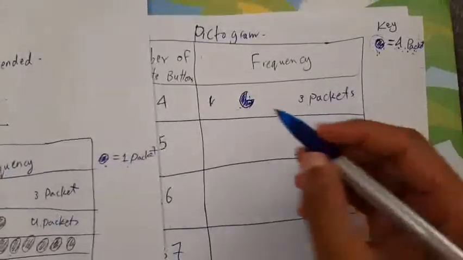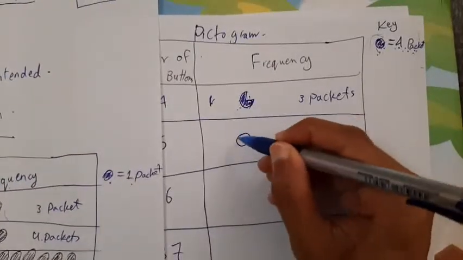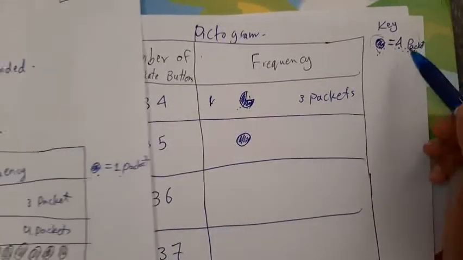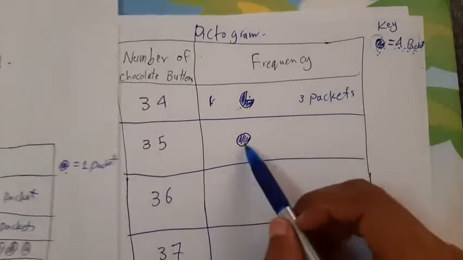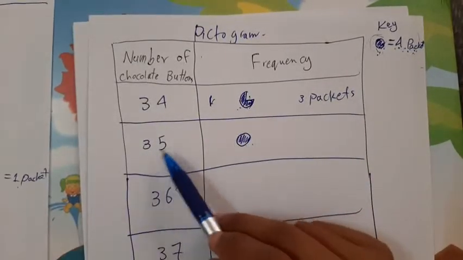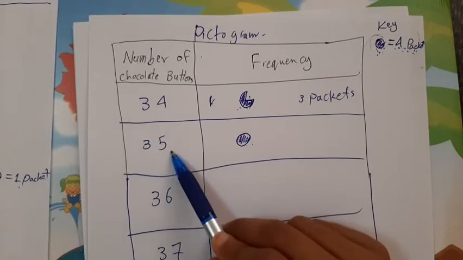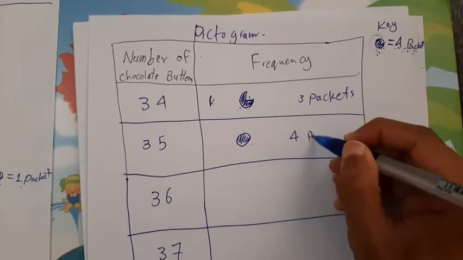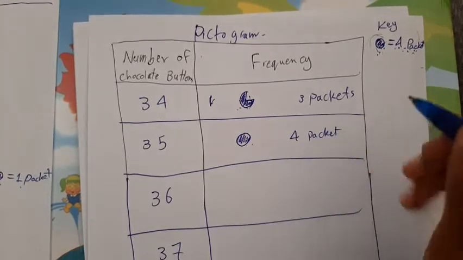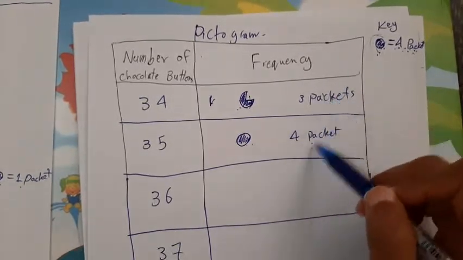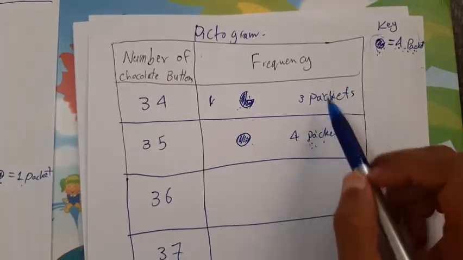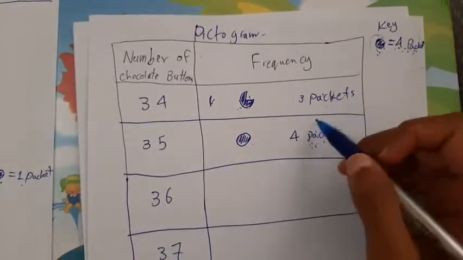So I'm not going to draw 4, but instead one circle, 1 sample to show how many packets here for 35. Can you see it? Yes, exactly 4 packets. By the way, you don't need to write these numbers and words, but here I did it because I want to explain that for you.